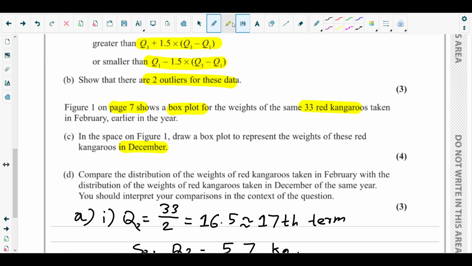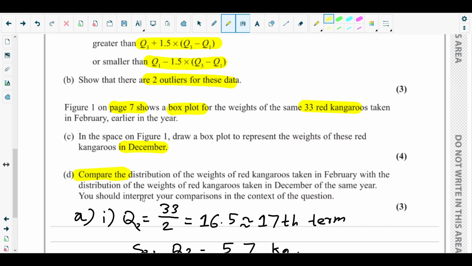For part D, they're asking to compare the distribution of the weights of red kangaroos taken in February with the distribution of the weights of red kangaroos taken in December of the same year. That means comparing how these weights vary in February and in December.